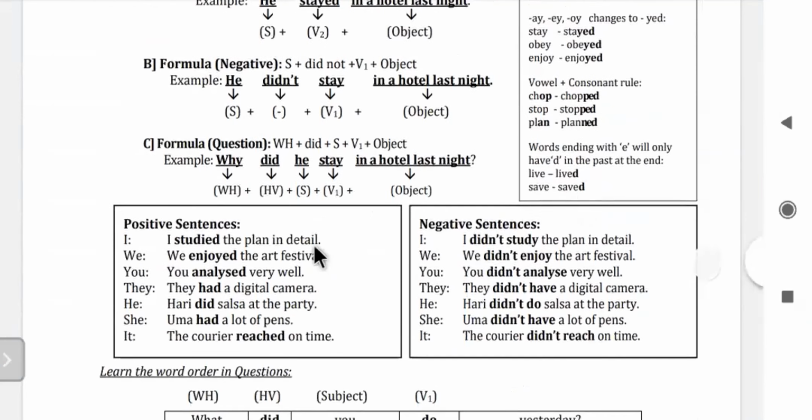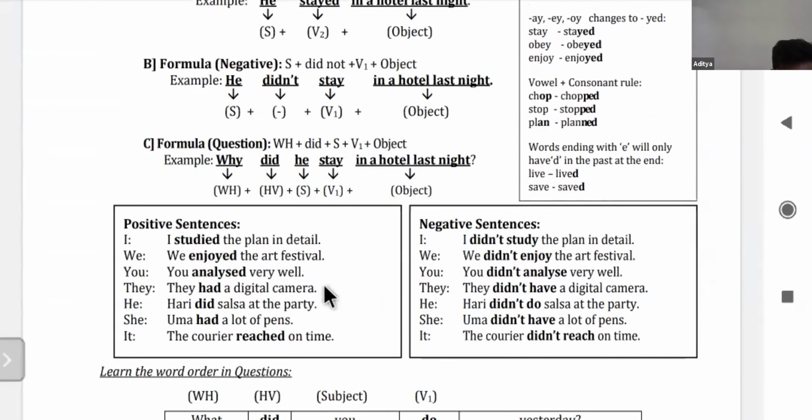Now you read me some positive sentences starting with this one and their associated negative sentences. I studied the plan in detail. I didn't study the plan in detail. We enjoyed the art festival. We didn't enjoy the art festival. You analyzed very well. You didn't analyze very well.